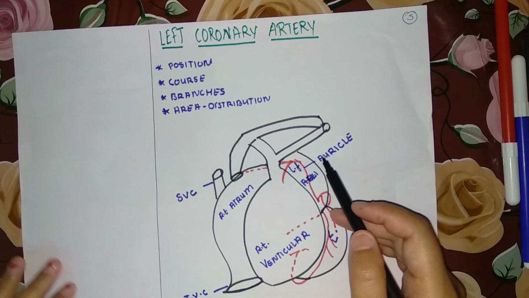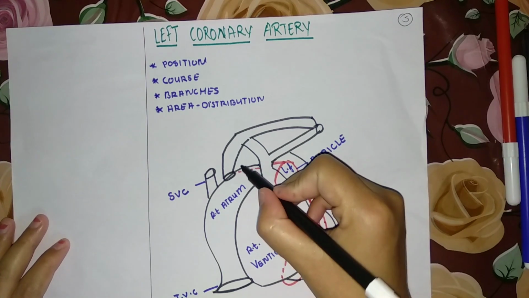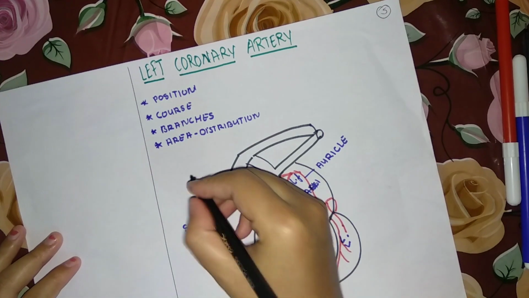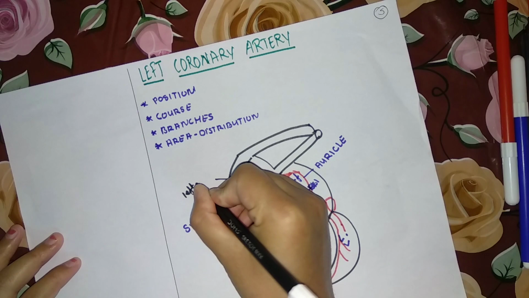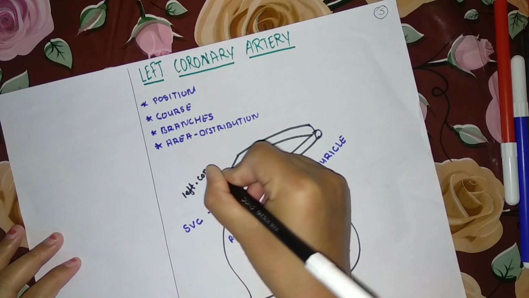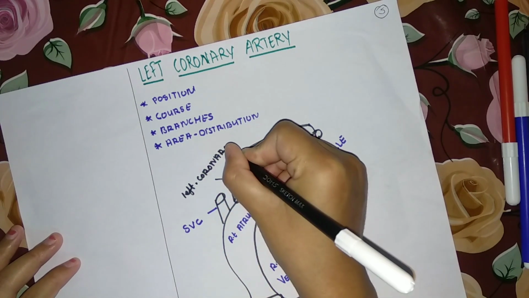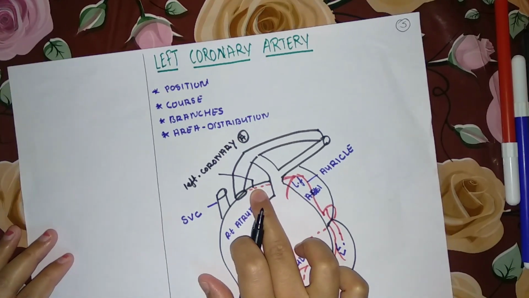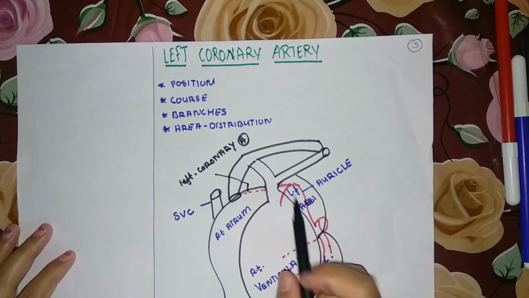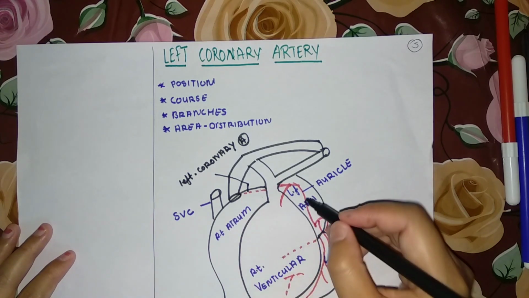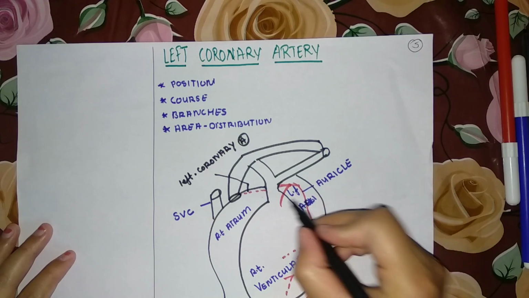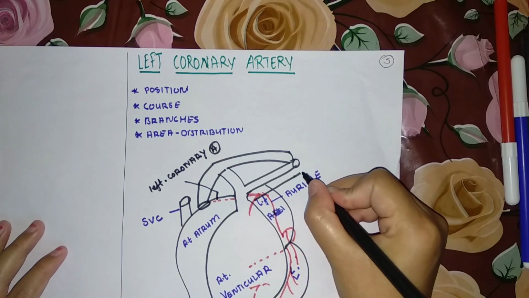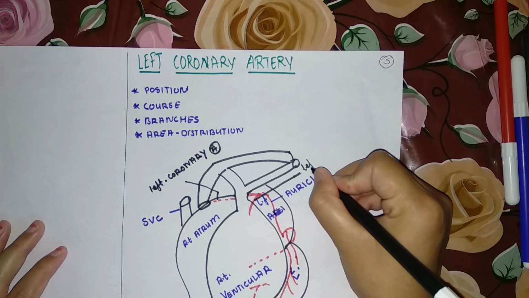Let's name the branches. This is the left coronary artery, and it reaches to the left auricle. It gives one branch, called the left conus artery, because this is the left side.